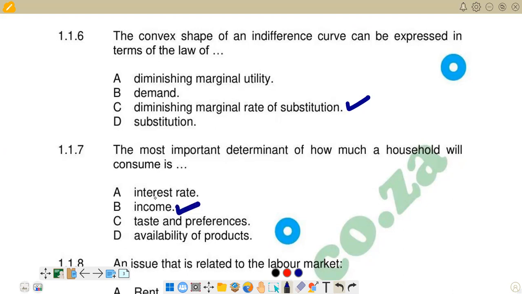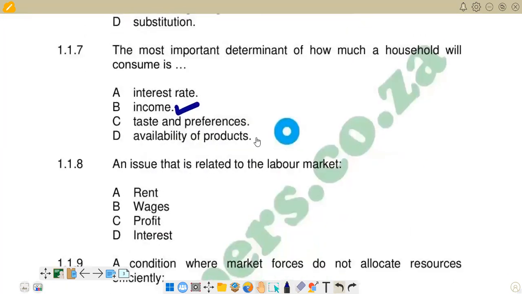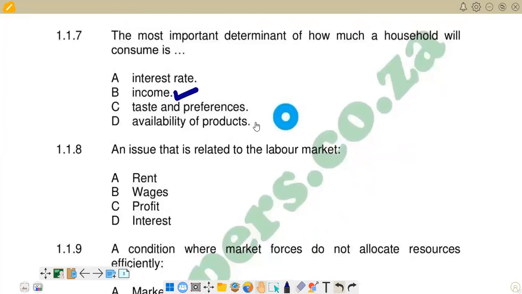Tastes and preferences come as secondary factors because they are strengthened by the level of income of the household. Then availability of the products also becomes a secondary determinant. So the most primary one is income. So we have B as the most appropriate there. Then we move on to the next one. We are now on 1.1.8. 1.1.8 reads, an issue that is related to the labor market.